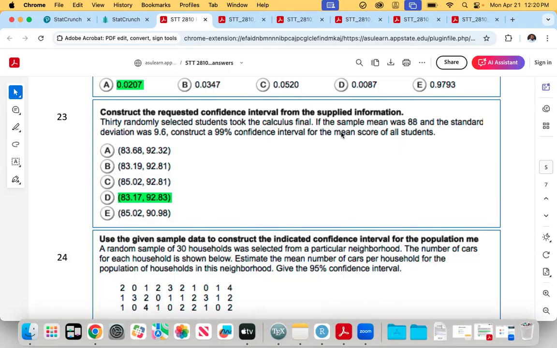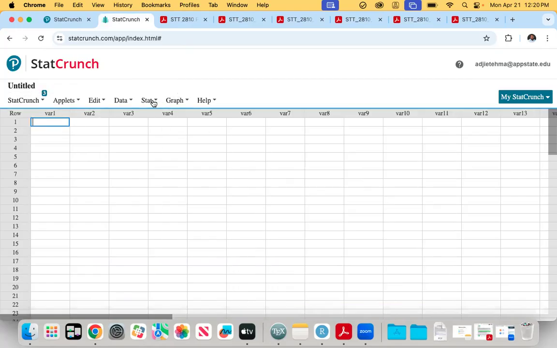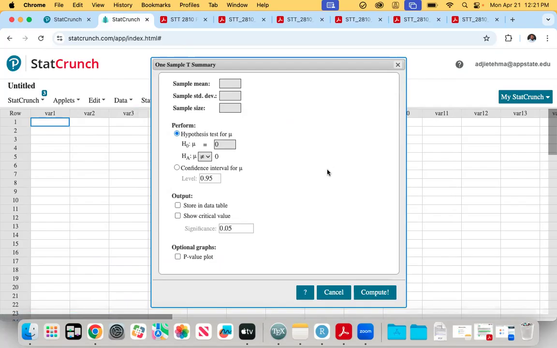So to be able to do this, we will need to use StatCrunch. So let's get to StatCrunch. We go to Stat, T Stats, one sample, and then we go to with summary. I click on that. Let's input our information.